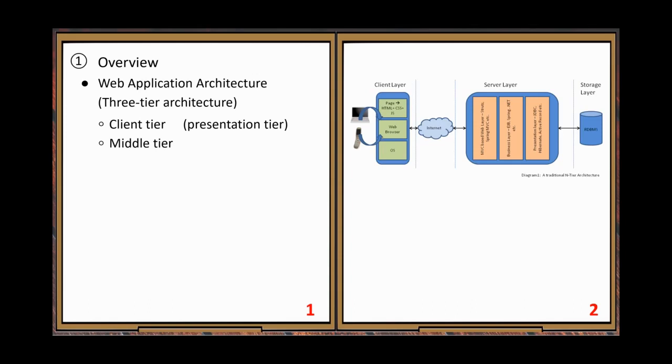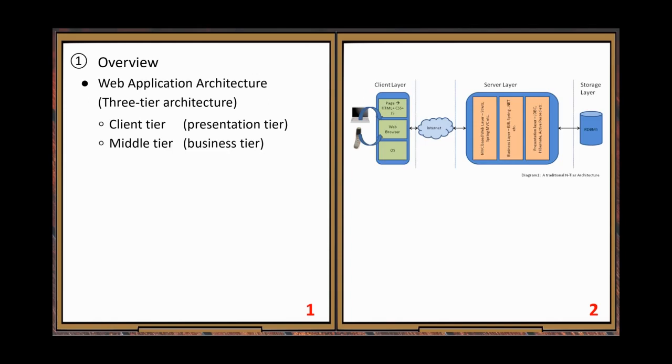Second layer, based on its position, people call it the middle layer. Something between. The client layer is at the front, front end, and this one is in the middle. Another name for it is business layer.